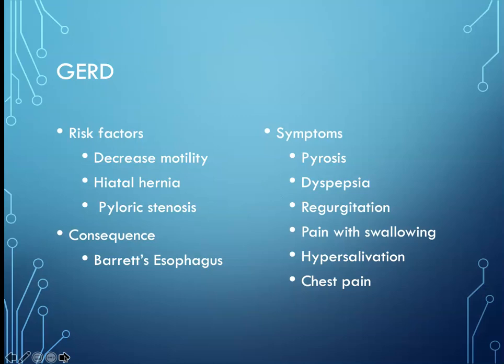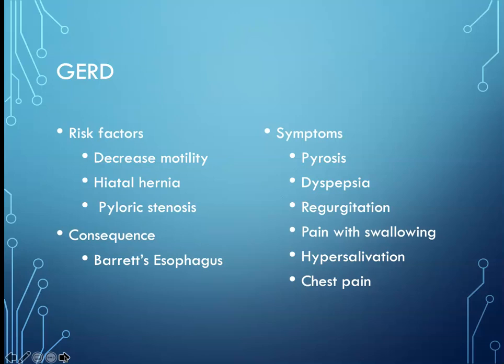Another GI disorder we'll talk about is GERD. And so the risk factors for GERD are decrease in motility, hiatal hernia, and pyloric stenosis. And it can lead to Barrett's esophagus.